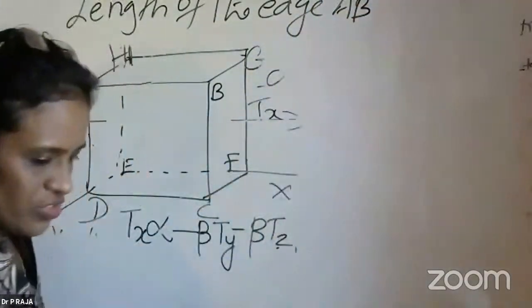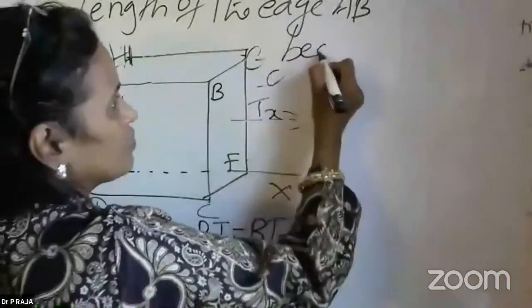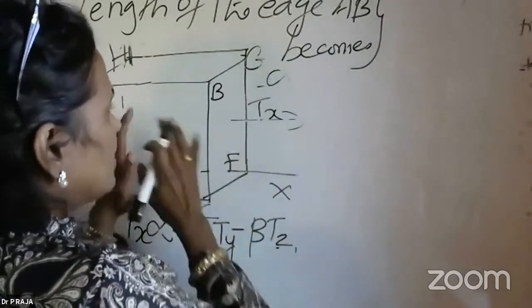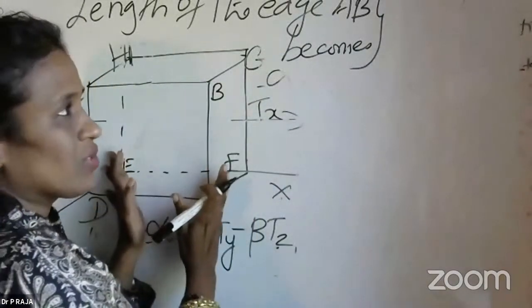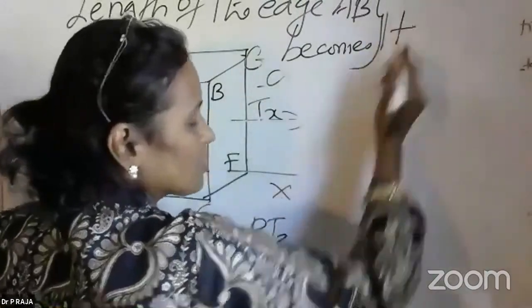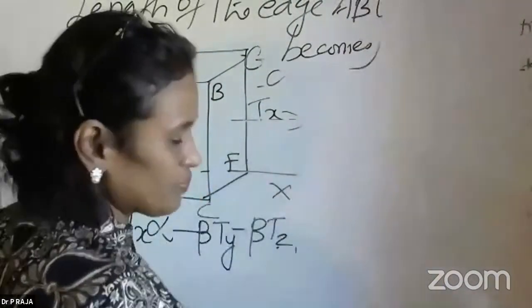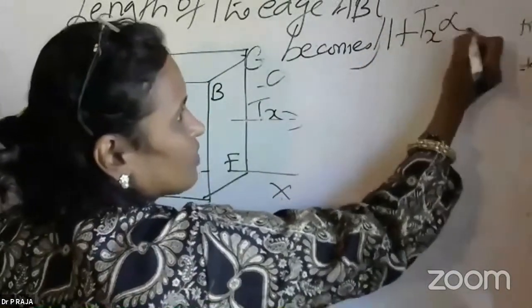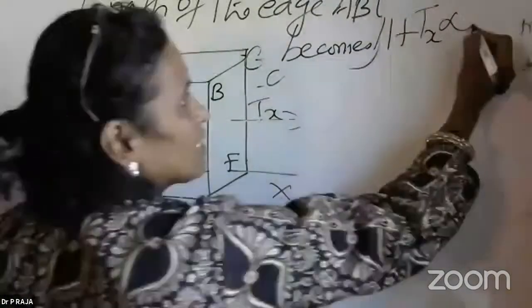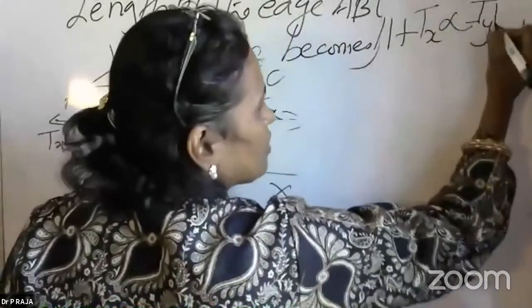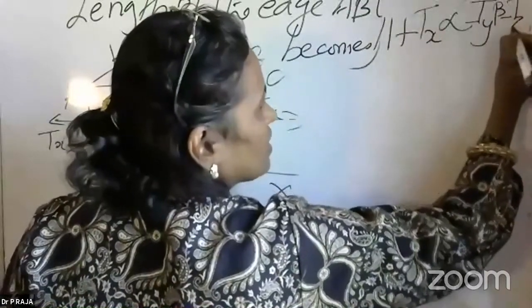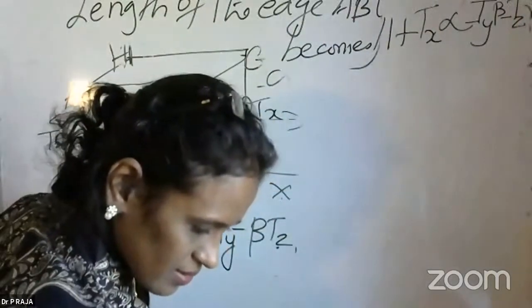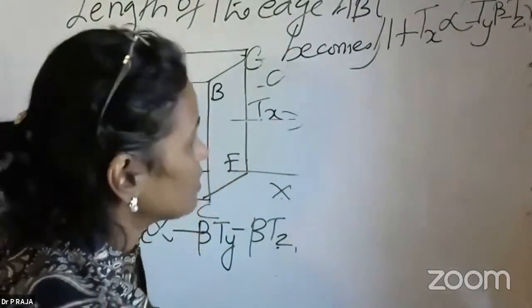The length of the edge AB becomes, the initial length of the cube is 1, so it's going to be 1 plus Tx alpha minus Ty beta minus Tz beta.